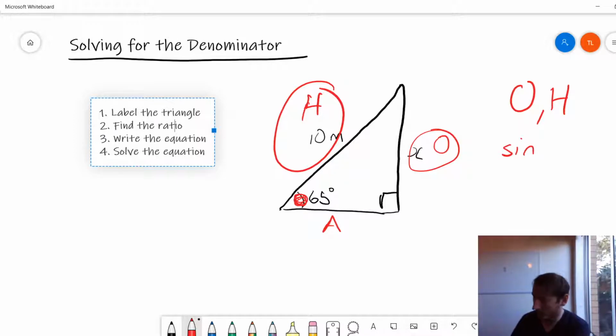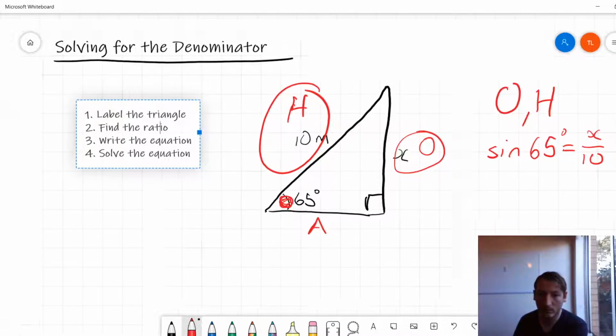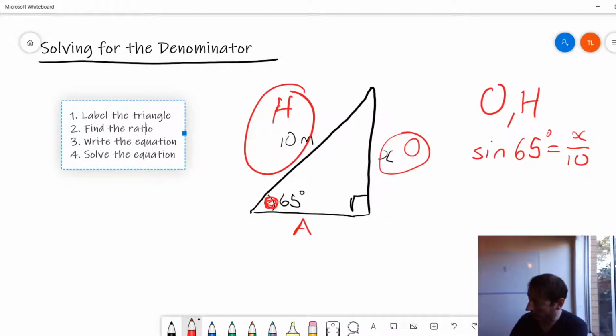So sine of 65 degrees equals the opposite side over hypotenuse, which is x over 10. And then times both sides by 10, because that gets rid of this one here. It's the inverse of divide by 10 is times by 10.